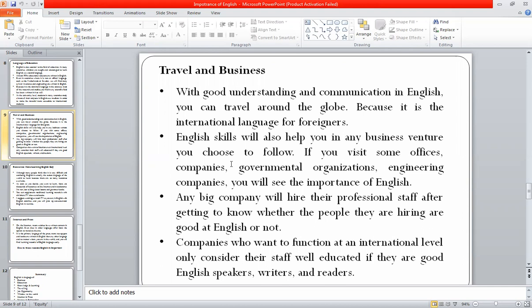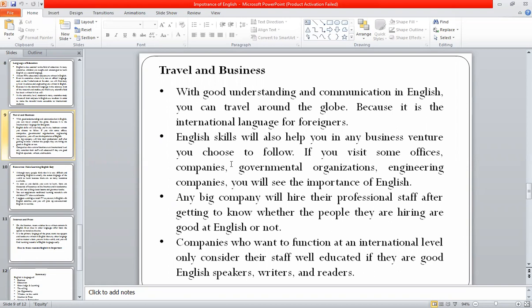Okay, they will check you about your proficiency in this language. Are you able to communicate with the help of this language? They will check you. Are you able to use this language for speaking purpose or for writing purpose?